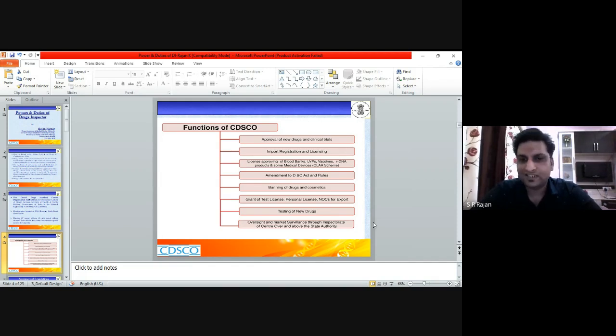Personal license means if someone wants to import a drug for personal use and it is not approved in India, as the doctor prescribed, he can import it for personal use under the personal license, that is Form 12A. It is also responsible for NOC for export, testing of new drugs, and overall market surveillance through the Inspectorate of Centre over the state authorities.